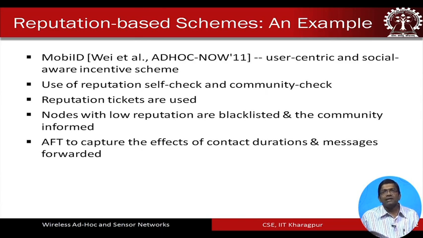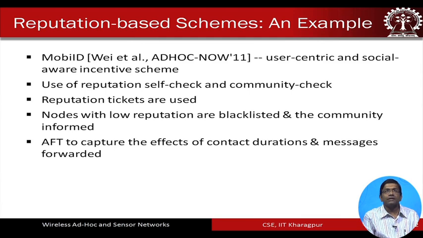So, reputation tickets are issued and used, the concept of reputation ticket. In any ticket based mechanism, two parties will have to sign, so basically two parties will have to agree. If I say that a particular node is reputed, that basically has to be also endorsed by at least one more node.